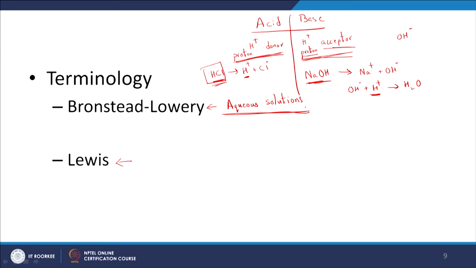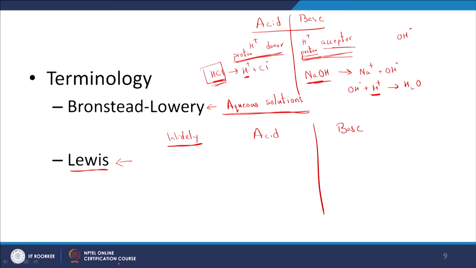So let us look at a more widely accepted theory, that is the Lewis definition of acid and base, which is not only applicable to aqueous solutions, but even when you have solvents and such involved.